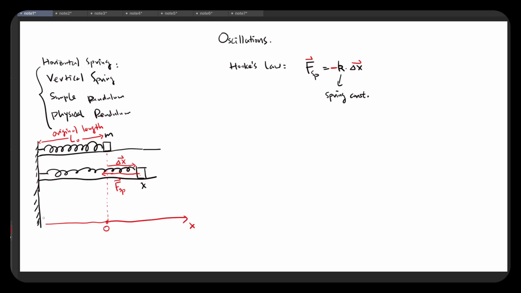Now, if the spring is compressed, let's draw this situation here. Let's say now we have this diagram. Mass M is here, and the spring is now compressed. Then the displacement delta x is to the left. And the spring force will try to push this mass M back to the origin O. That's why we have this spring force direction to the right.